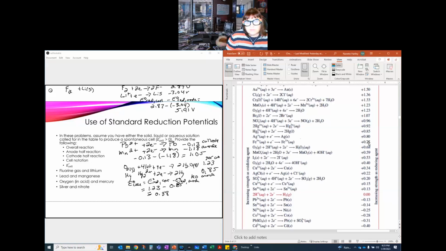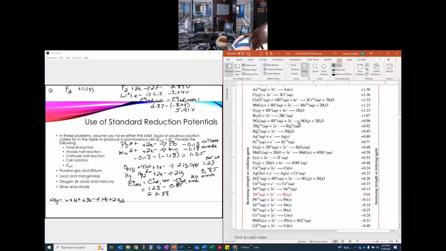So that will work. Silver and nitrate. Okay, silver and nitrate. I see right here an NO3- plus 4H+. I'm going to write that down. So there's NO3- plus 4H+ plus 3e- going to NO plus 2H2O.